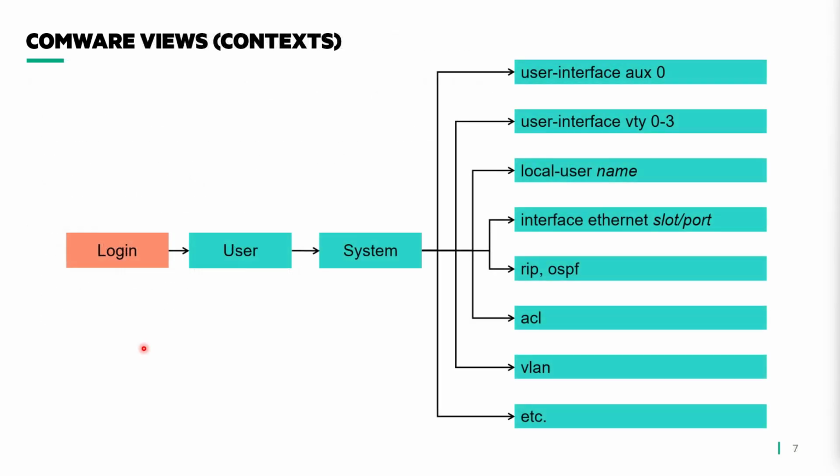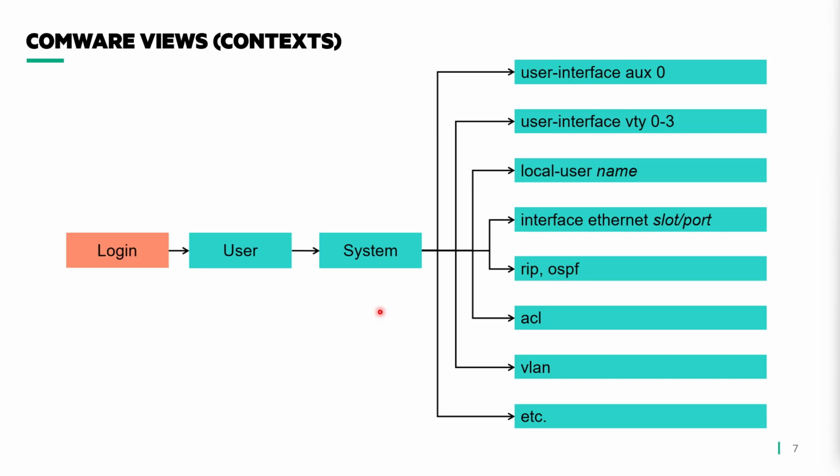Now, the tricky part here is the mentality of Comware. Comware is different. They have what's called context or views. We have two main views. Of course, there is the login, but you have the user view and the system view. It doesn't work in a way like privilege mode and user mode in Cisco, or read-only access, operator mode or manager mode in Aruba.